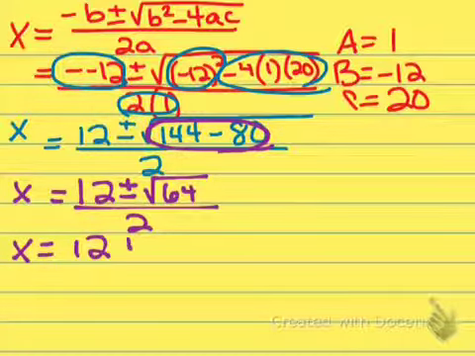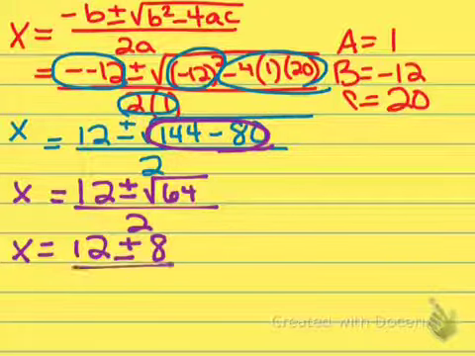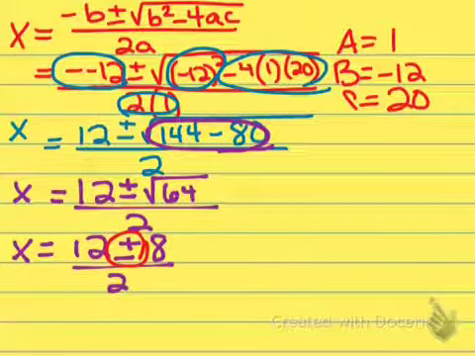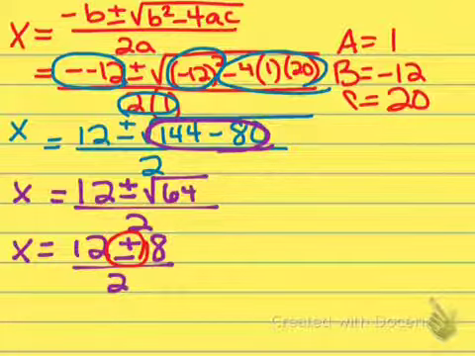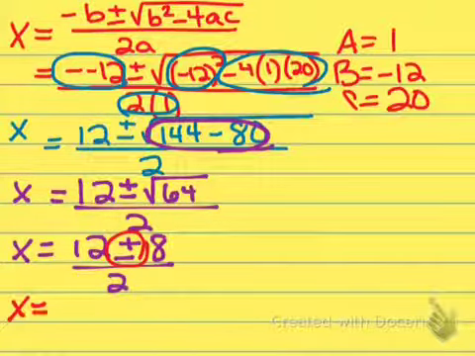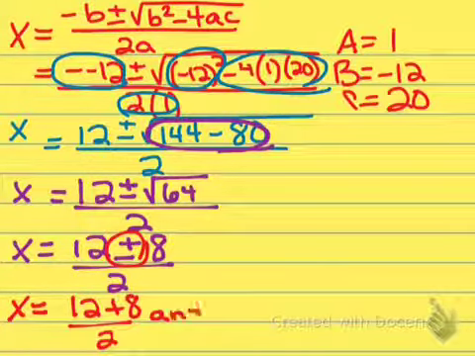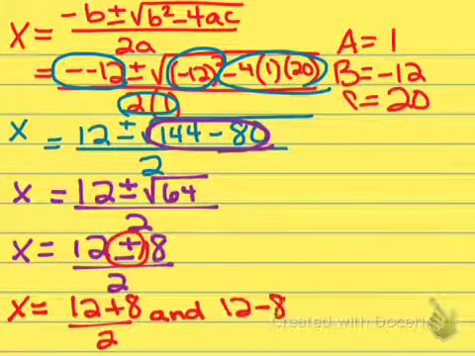So 12 plus or minus 8 divided by 2. Now, here's the deal. You've probably never seen a plus or minus before. All this means is that we're going to do one problem with a plus and one problem with a minus. So we're going to have x equals 12 plus 8 divided by 2 and 12 minus 8 divided by 2.